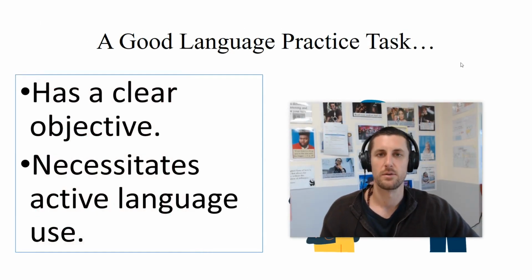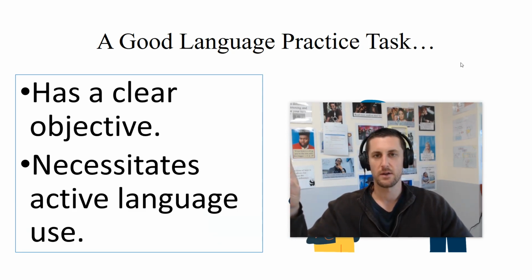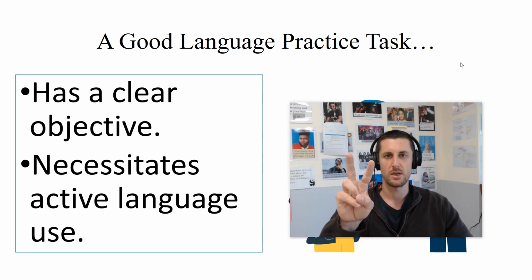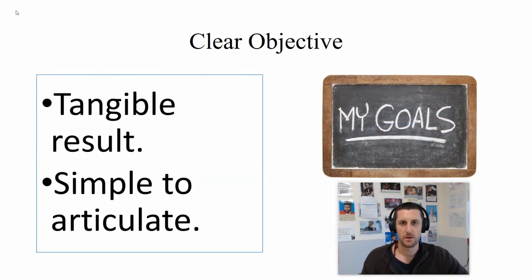So, according to Ur, a good language practice task has both A, a very clear objective, and B, it has active language use. So when Ur talks about the language activity having a clear objective, she's talking about a tangible result, something that will occur so that a student knows that they have completed something.